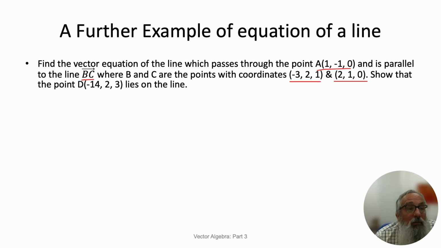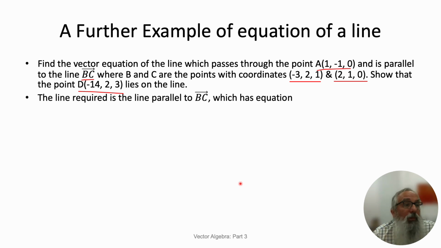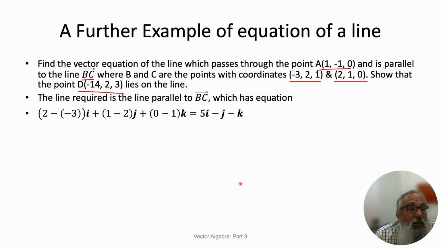So we're going to calculate a vector on BC, which will be the difference of those two, and we need to show that this line passes through the point D. So we first of all calculate the vector BC, which is simply 2 minus minus 3, 1 minus 2, and 0 minus 1. We've written it in with the i, j, k style here.